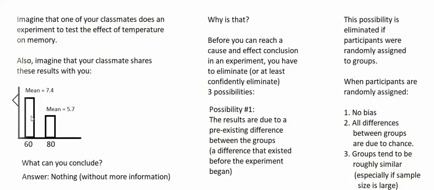You wouldn't want the cold room to have a college student and the hot room to have a 10-year-old child because you can't fairly compare the two people to reach a conclusion about the effect of temperature. So, just like how you would want those two people to be similar to each other, you would want two groups of people to be similar to each other if you're comparing a cold group and a hot group.